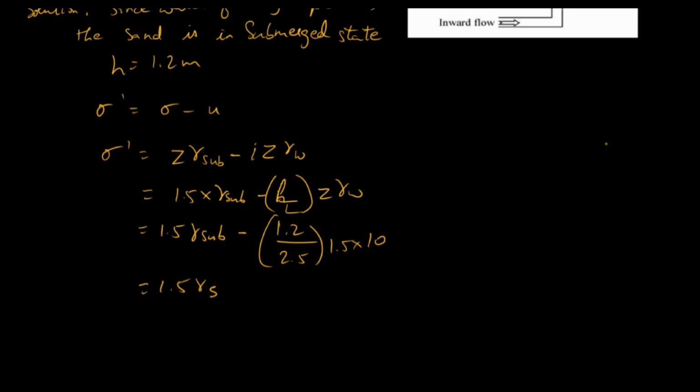So 1.5 gamma submerged minus 1.2 into 1.5 into 10 divided by 2.5, which is 7.2. Sigma dash is equal to 1.5 gamma sub minus 7.2.